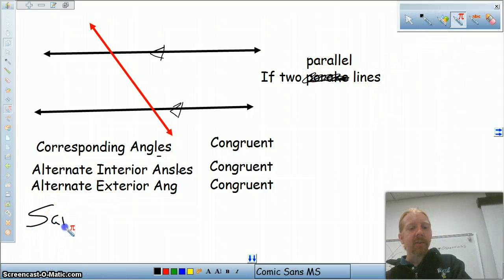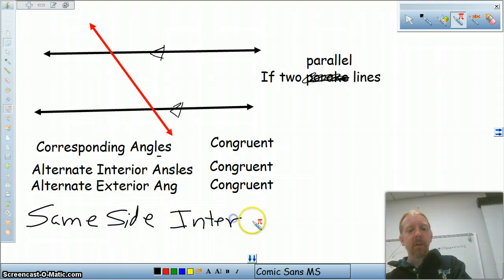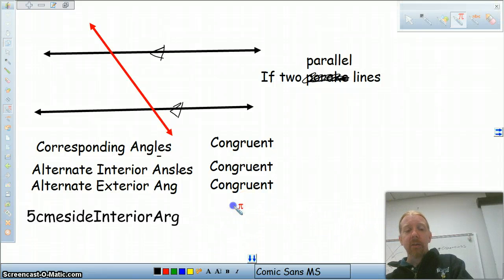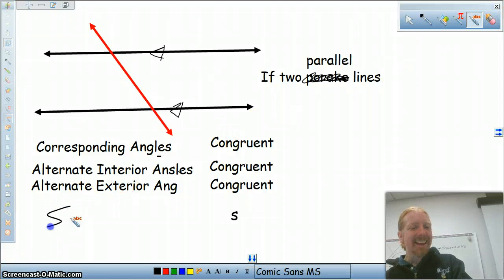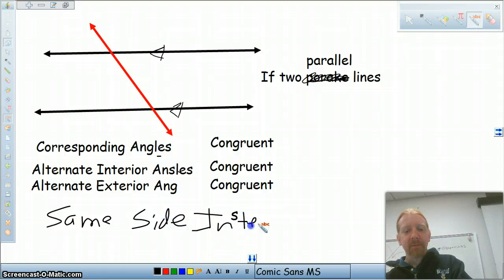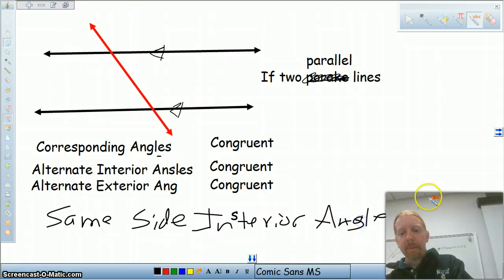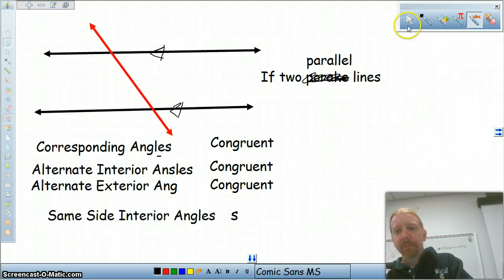And lastly, we have same side interior angles. They're going to be supplementary.